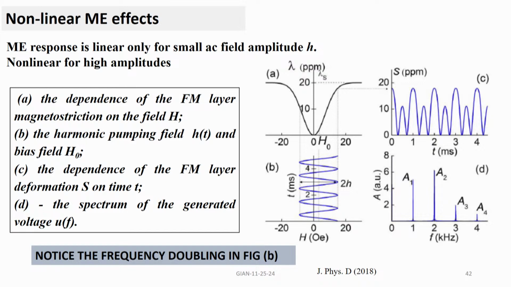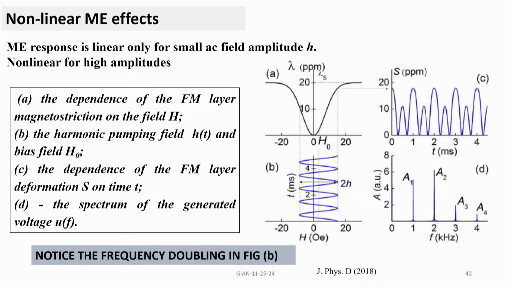Instead, I can crank up the amplitude of the AC field to a very high value without any bias field. That's what this figure shows. There is zero bias magnetic field, and the AC field amplitude is pretty high. So what would happen under this condition?